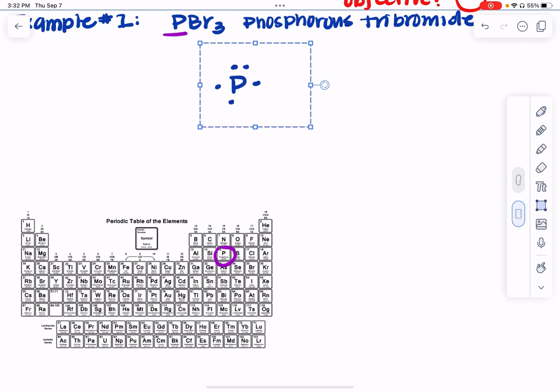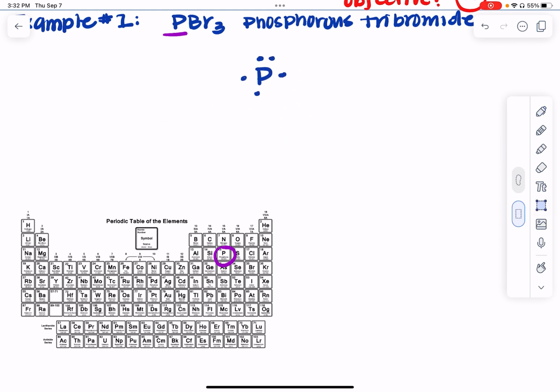And again, remind me to go over this because I think it makes drawing Lewis structures a little bit easier if we know where the electron placement is. Our next element is bromine, which is here, and we know that it has 7 valence electrons. So again, these lone electrons are probably going to be the ones that we attach our bond to.